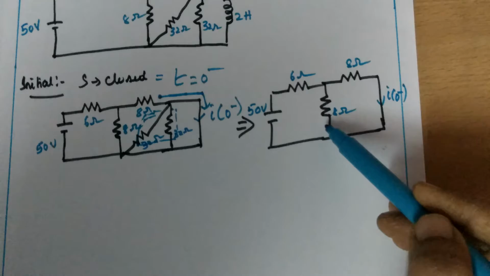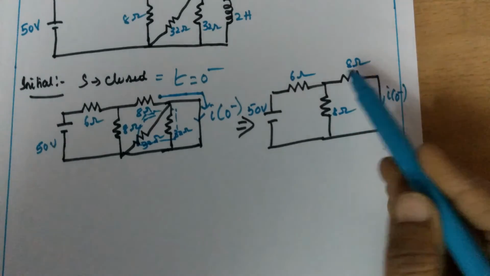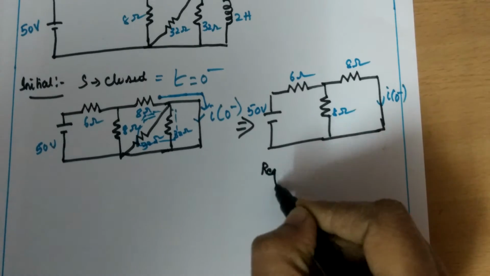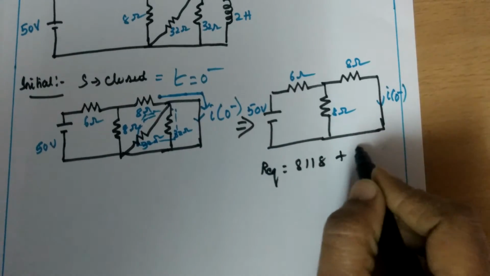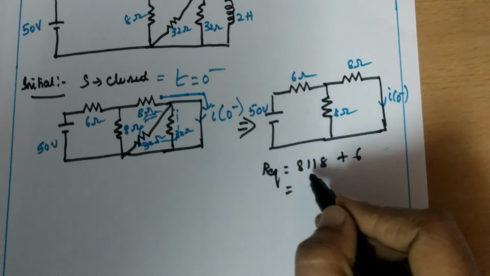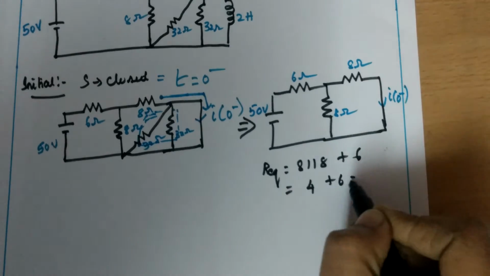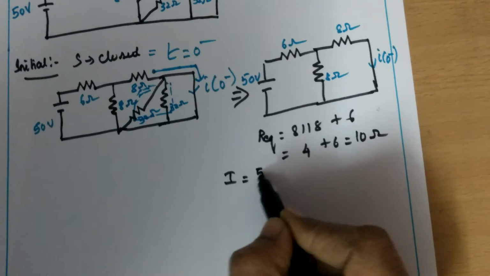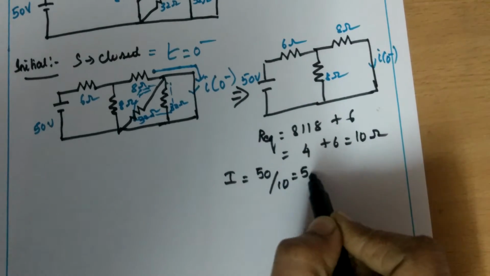For the equivalent, it is 8 parallel with 8, plus 6. What is R equivalent here? 8 parallel 8 is 8 divided by 2, 4. 4 plus 6 equals 10 ohms. So the total current I equals 50 by 10, which is equal to 5 amps.